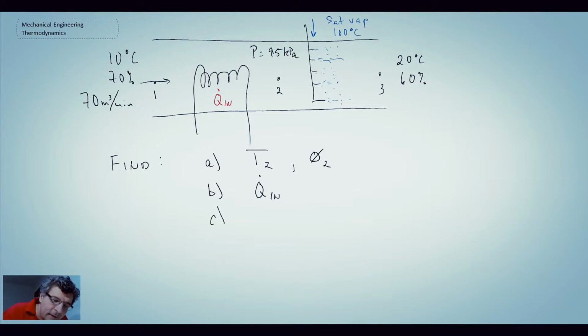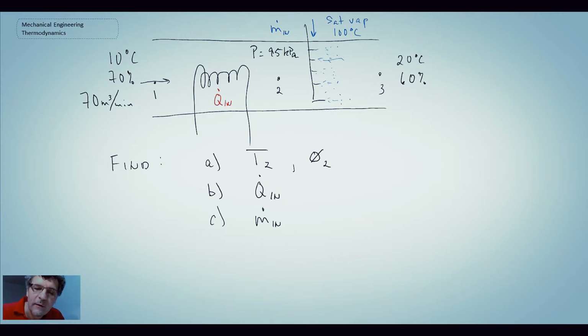And the last thing they want to know is how much water we are adding, so the mass flow rate of water, m dot w. So those are the things that we want to find.